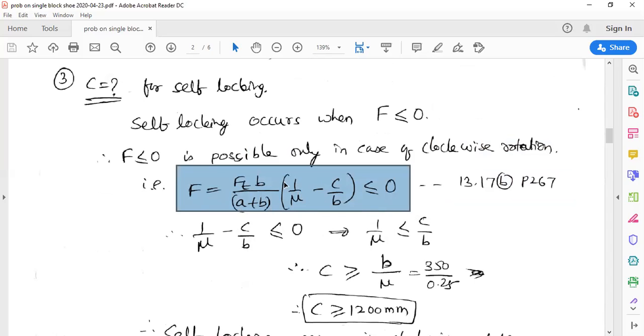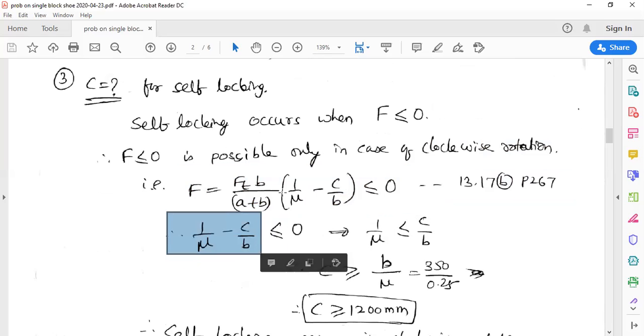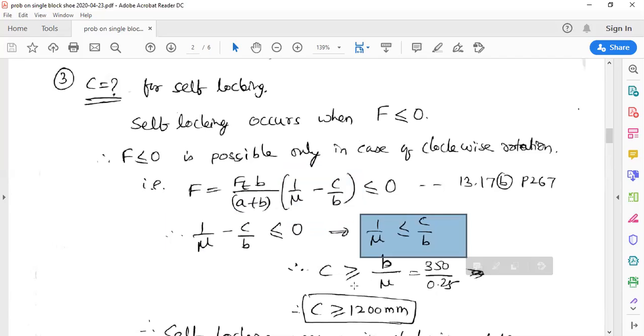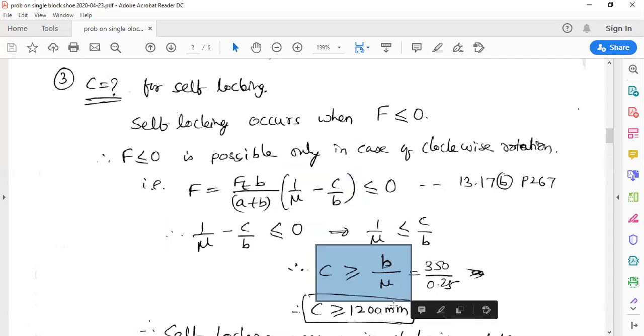If I take Ft into B by A plus B to the right-hand side, that becomes 0. What remains is 1 by mu minus C by B less than or equal to 0, or 1 by mu less than or equal to C by B. So C is greater than or equal to B by mu.